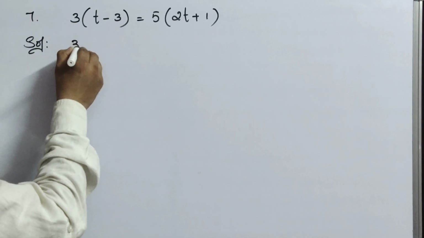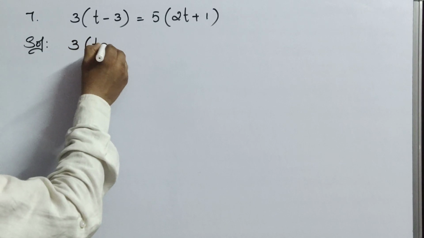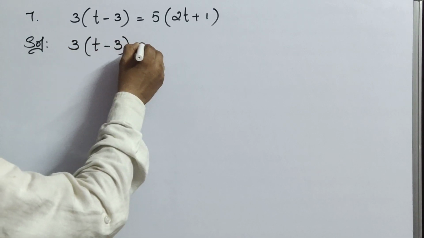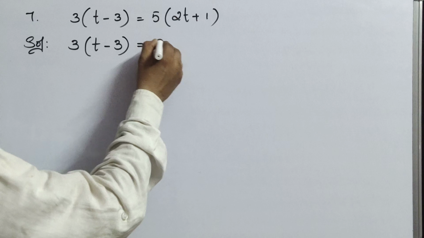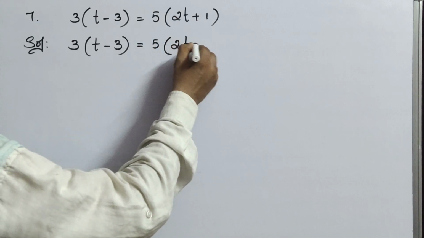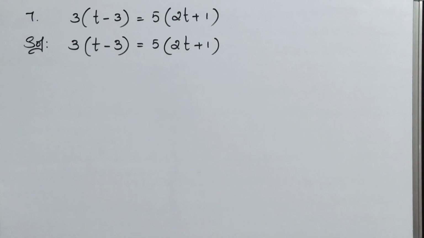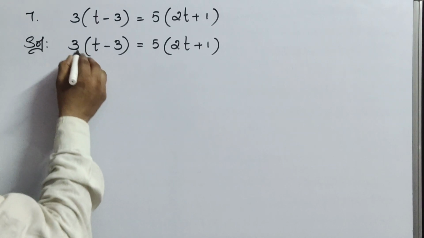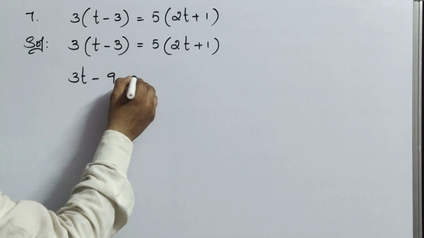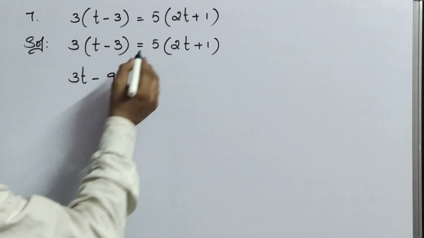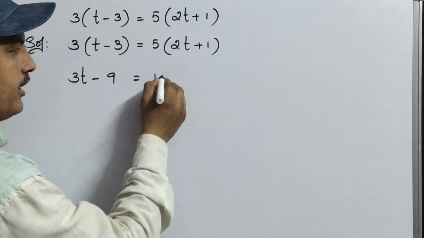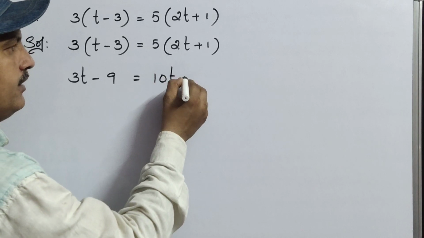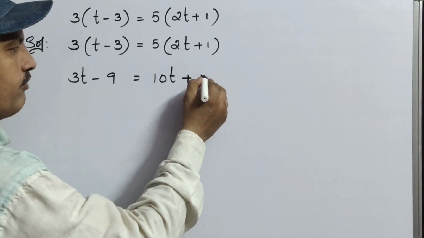First write the question. 3 into t minus 3 equals 5 into 2t plus 1. First simplify. 3 into t, 3t, minus 3 3s are 9. Okay. Next 5 into 2, 10. 5 2s are 10, 10t plus 5 1s are 5.